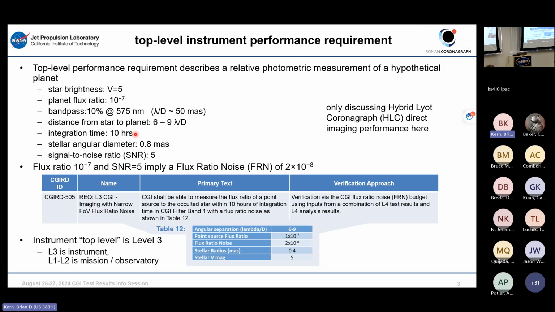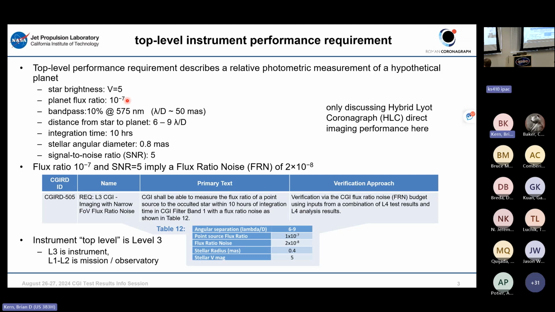This is basically setting a whole bunch of independent variables and then just leaving you to identify the noise, which I'll get to in a second. So the star has a specified size.